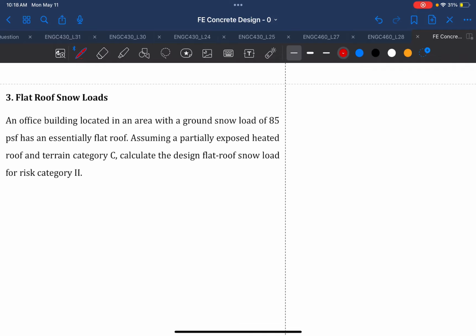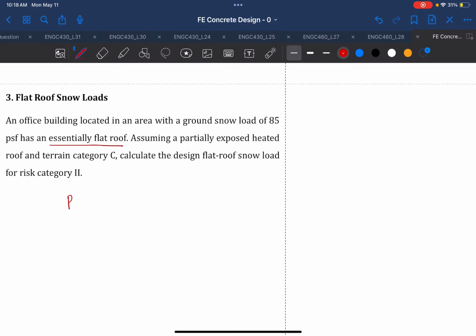When I say a different type of snow load, it means that most of the roof is inclined. So the one given in your FE manual is a flat roof snow load. Which means that your roof is essentially flat, so the incline angle will be 0 degrees.